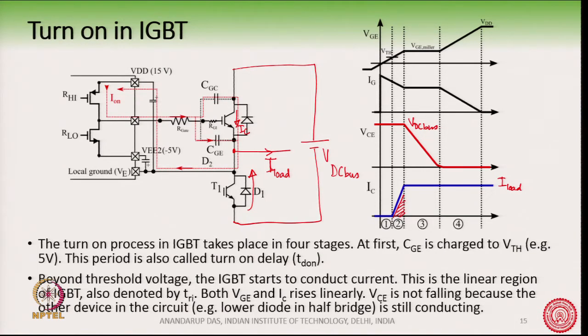And again, as you can understand, in stage 3 there will be a loss which will be like this, okay, VCE times IC. So, there will be a loss in stage 2 and 3. Anyway, we will come to stage 3, but in stage 2 you can see there is a loss happening, fine.